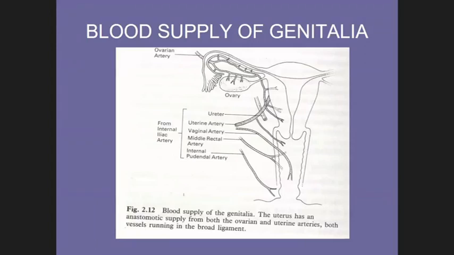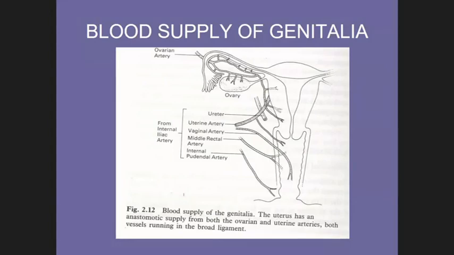Once again, let's look at the supply to the genitalia. If you look at the ovary, it's supplied by the ovarian artery that arises directly from the aorta. It passes through the broad ligament. After supplying there's a vascular arcade, and then there is a uterine artery which starts from the internal iliac artery, and there is an anastomosis between these, and the uterus is supplied by both ovarian as well as uterine arteries.